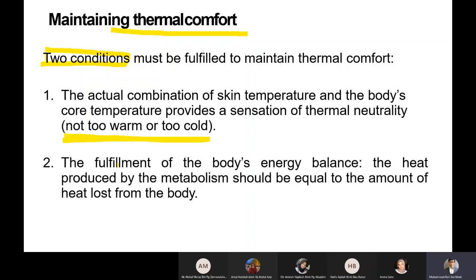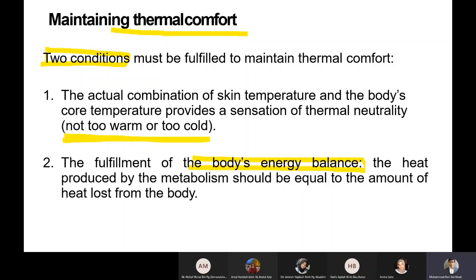And then the second thing is it's related to the energy balance of your body. We humans produce energy by metabolism.